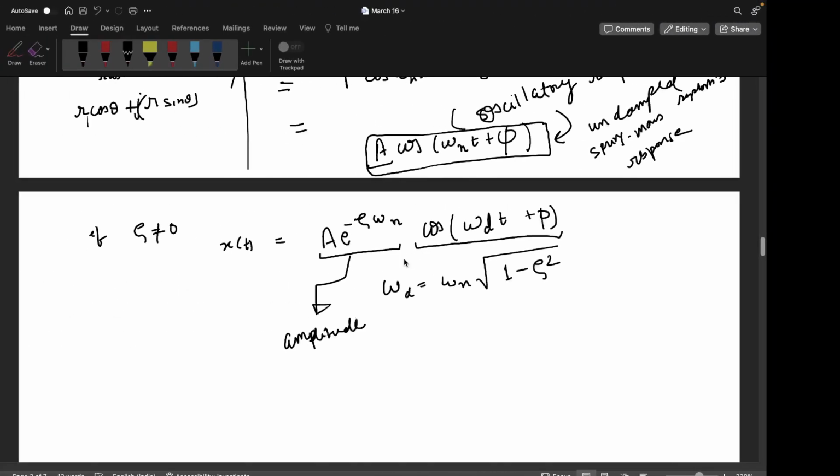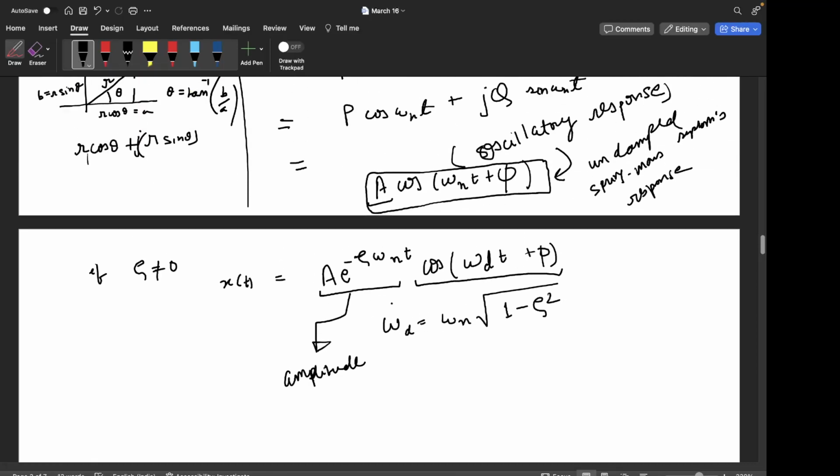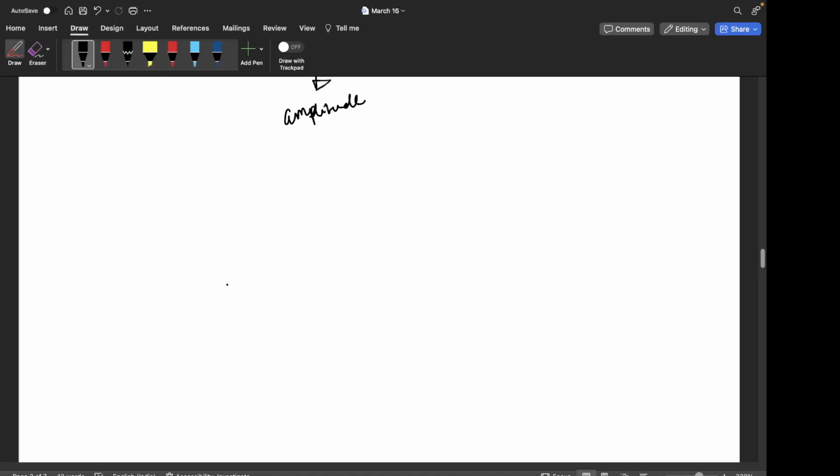Okay, I will draw it. These are the sinusoids.